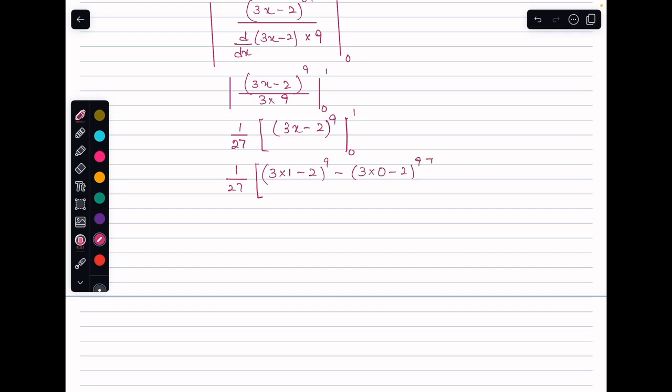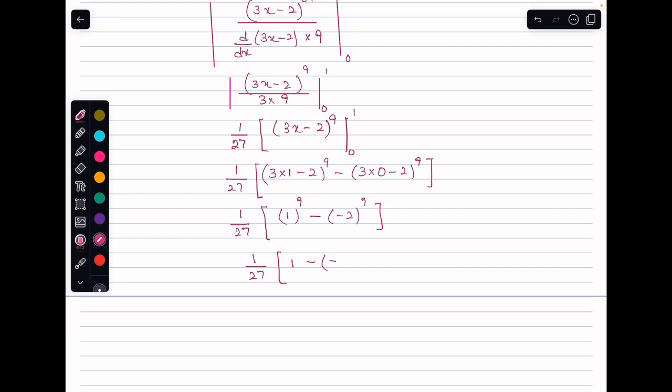I've substituted the lower limit also, so that this becomes 1 by 27. 3 times 1 is 3, and 3 minus 2 gives me 1. So this is 1 to the power 9 minus (negative 2) to the power 9 here. 1 to the power 9 would remain a 1. And then here I can say it's a negative 2 to the power 9. As the power is an odd power, the sign for negative 2 will remain a negative here.